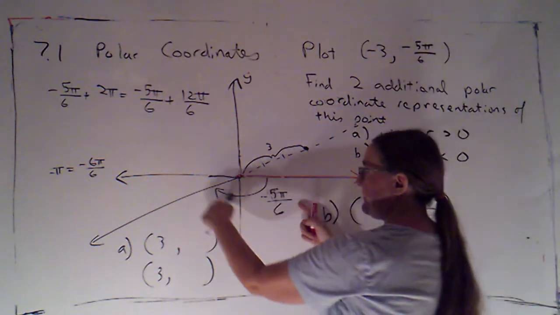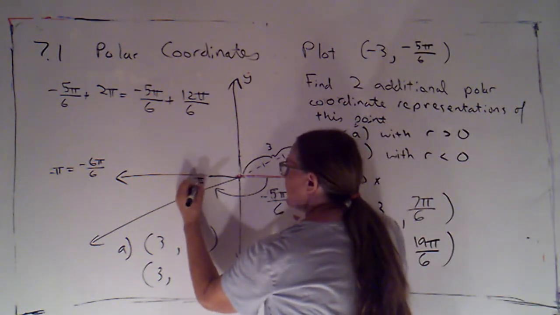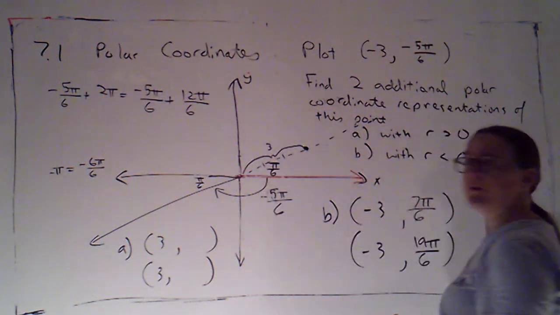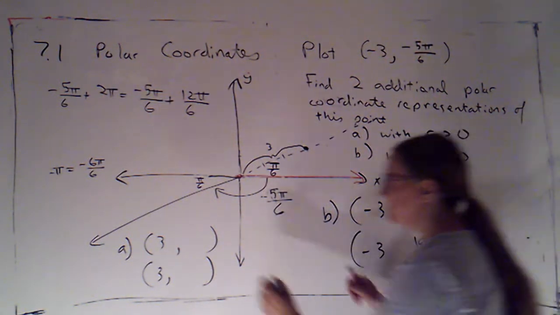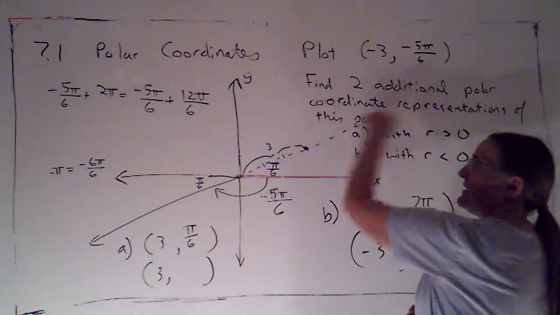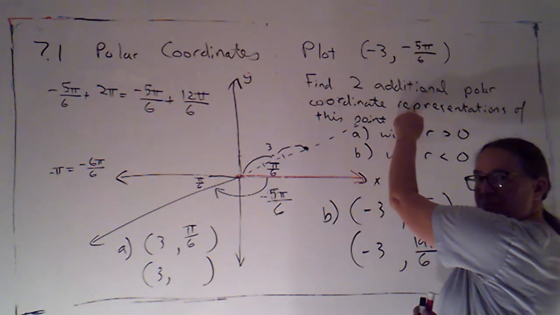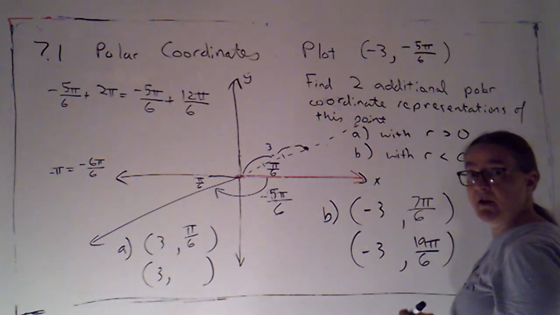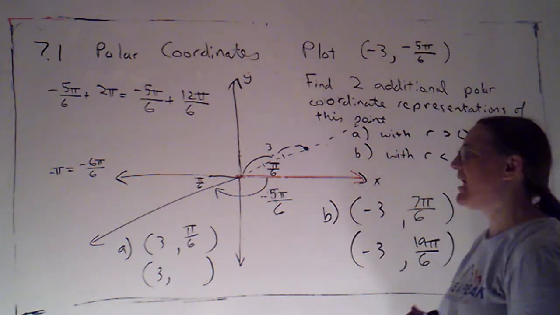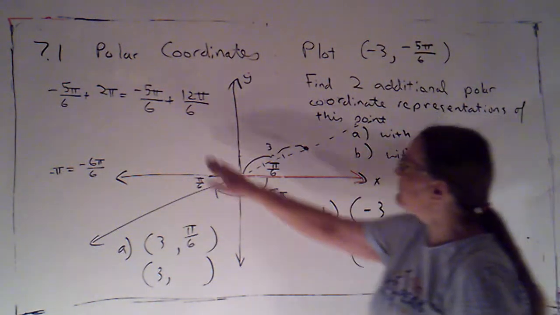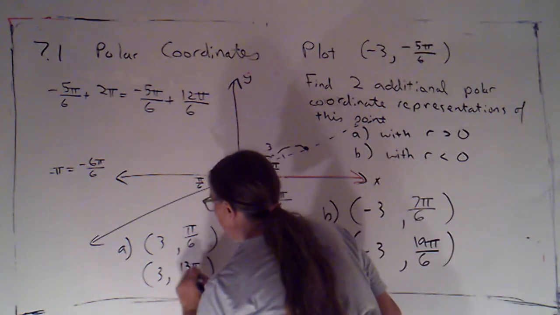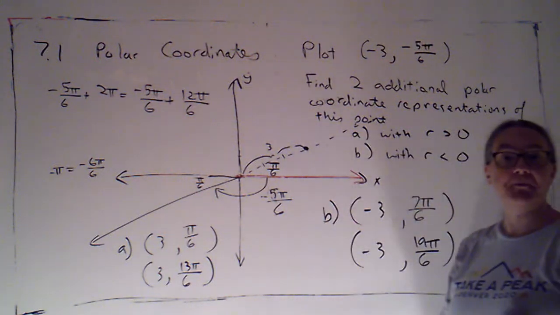Now, if this was -5 pi over 6, this angle right here would have been pi over 6, which makes this also pi over 6. So that acute angle, pi over 6, I think is definitely the simplest one that makes this the positive direction. And then if I want something coterminal with that, I can add or subtract some number of 2 pi. I'm just going to add 2 pi, and we've already seen that 2 pi was 12 pi over 6, so 13 pi over 6 would work.